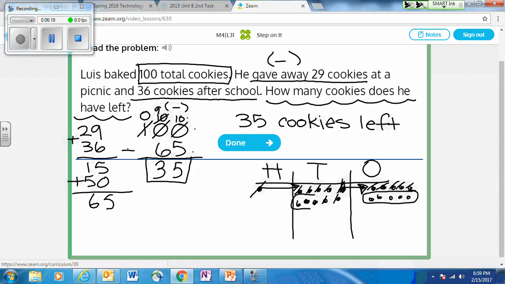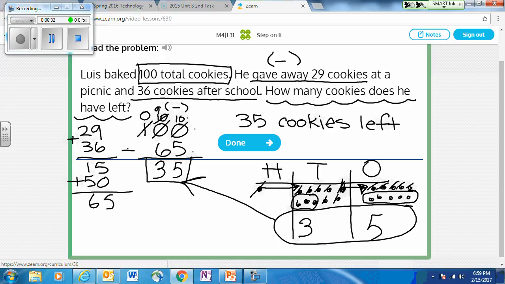And I'm left with 3 sets of 10. My answer in my place value chart matches my answer in my vertical algorithm. So I know that my calculations are correct and I have solved the math problem correctly. Nice job, friends. Way to be a learner.